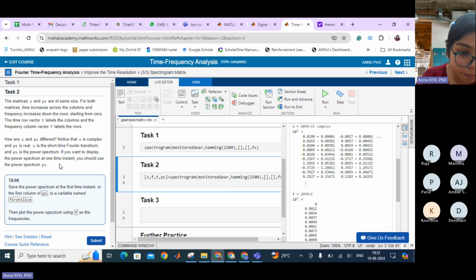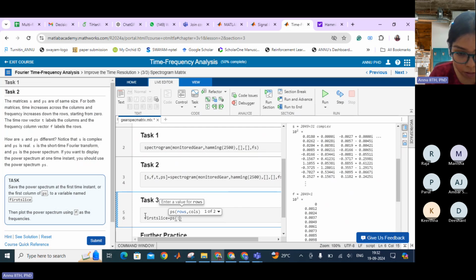First column. How can you save the first column to P first slice? Rows and columns.